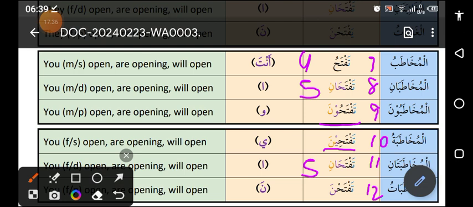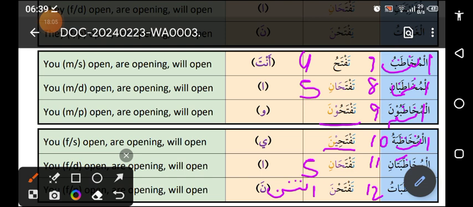Let me write it down here so it will become clearer. Anta, antuma, antum, anti, and then antuma, and then antunna, the plural feminines, antunna, right?